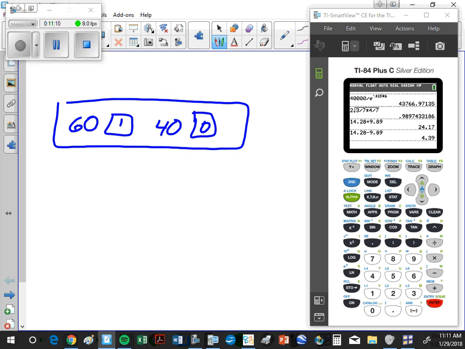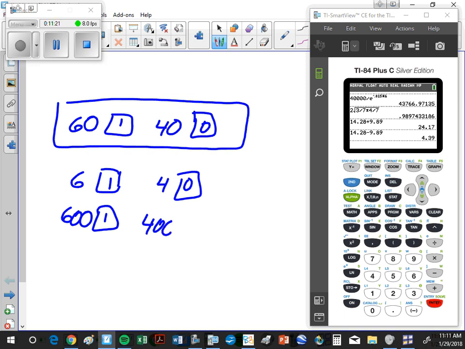No. We could say 6 ones and 4 zeros, or we could say 600 ones and 400 zeros, or the easiest one would be 3 ones and 2 zeros. All of those will give me the exact same results.